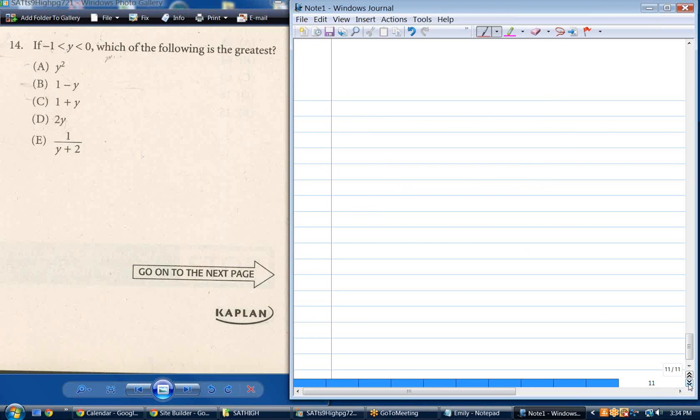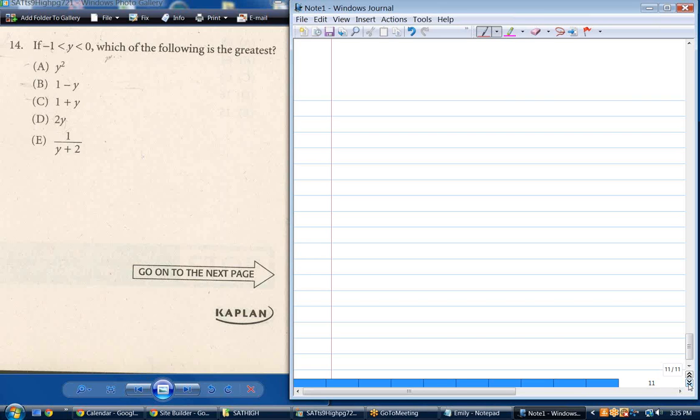Ooh, I like these. Y squared would be less than 1.